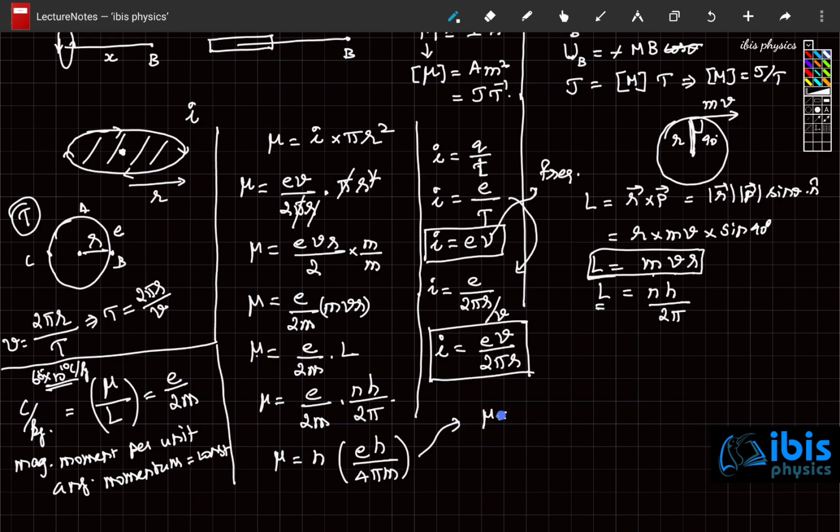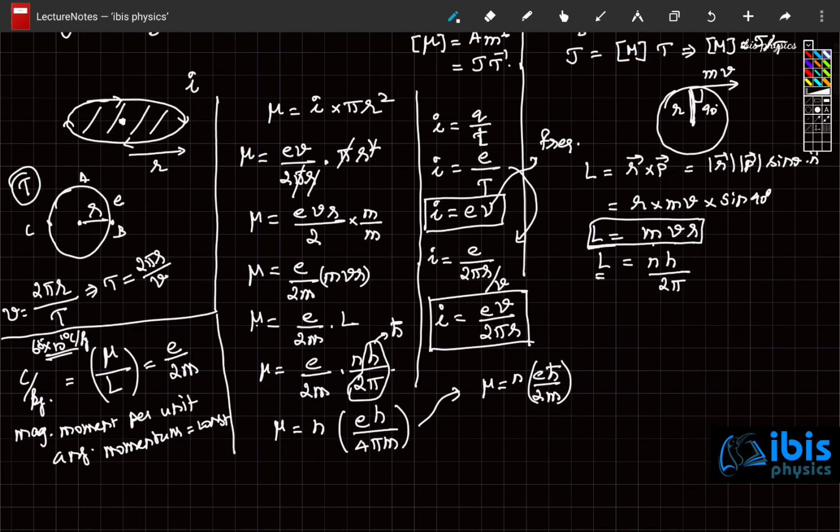Also this can be written as mu is equal to n times, usually h by 2 pi is called h cross, so n times e h cross by 2m. So the magnetic moment due to a revolving electron can be written as n times eh by 4 pi m, or n times e h cross by 2m.